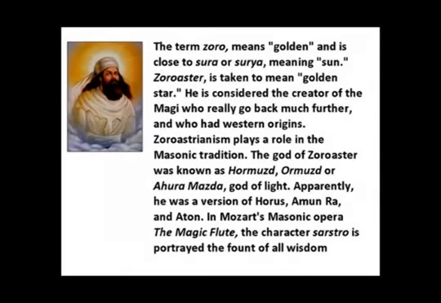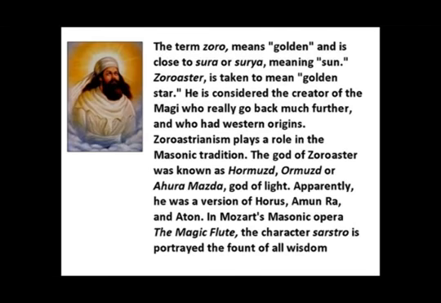Now the term Zoro means golden, and it's close to Sura or Surya, meaning the sun. Zoroaster is taken to mean golden star. He is considered the creator of the Magi, who really go back much further, and who had Western origins. Zoroastrianism plays a role in the Masonic tradition.